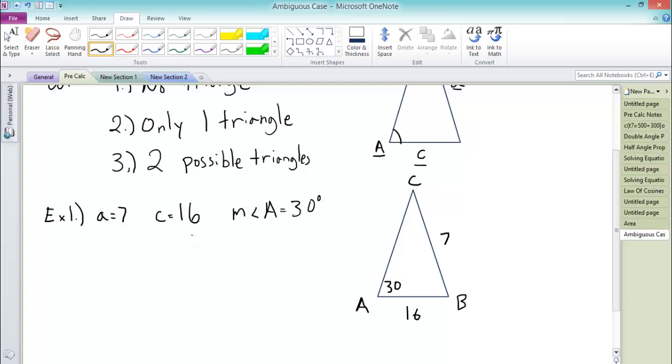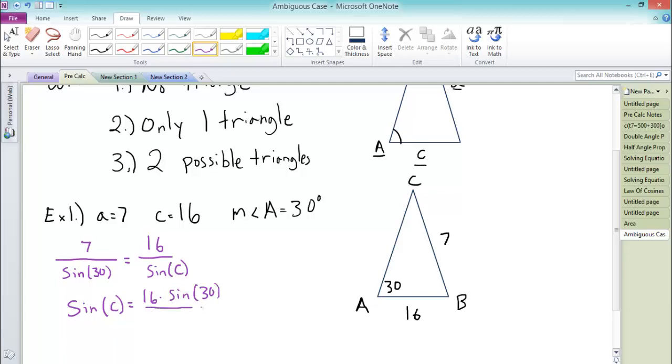Using the law of sines, which I will do in purple, I know that 7 over the sine of 30 is equal to 16 over the sine of C. Solving for the sine of C, we get 16 times the sine of 30 over 7.